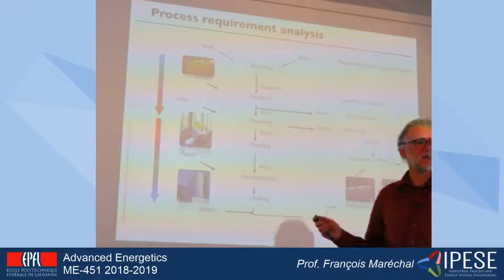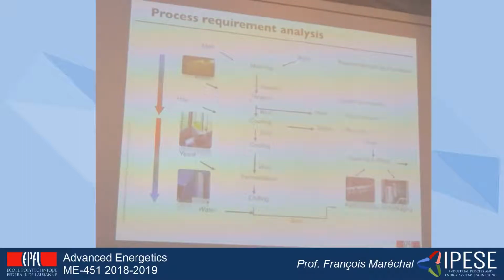So if you have to produce beer, in fact what you do is that you take malt and water and you start to make a mixing here that is needing already some heat. Then afterwards you add water here and then you do a filtration. And then from the filtration you obtain some husk, and the wort that is coming out of this first operation is going to the cooking.